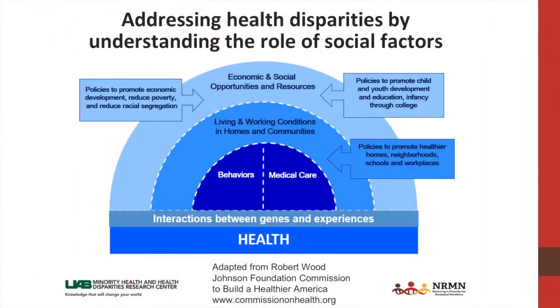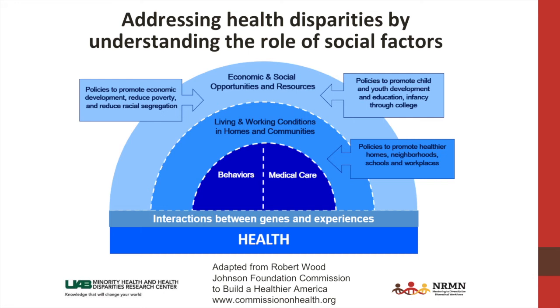So for us to address health disparities, we have to understand the role of the social factors that we mentioned in this presentation. For example, to address economic and social opportunities, we need policies to promote economic development, reduce poverty, and reduce racial segregation that we still have in many cities and communities in the United States.